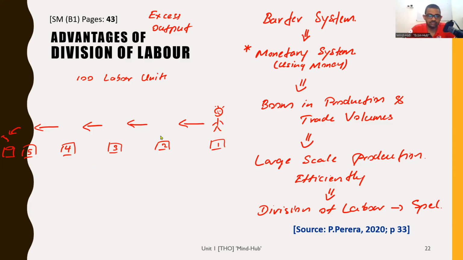Okay, so that's the way it is. This is what Adam Smith observed. That is what they're doing. Now, with this whole process, just an example, with this traditional method, because division of labor is the modern method, their output is, we'll say, 1,000 pins.